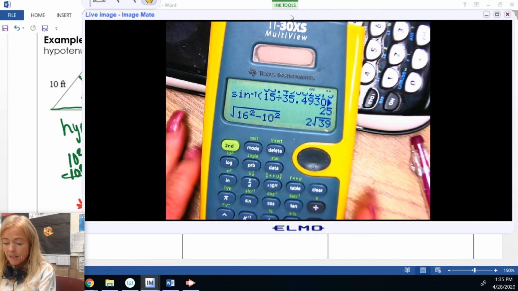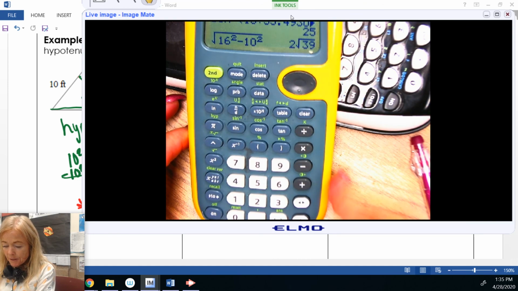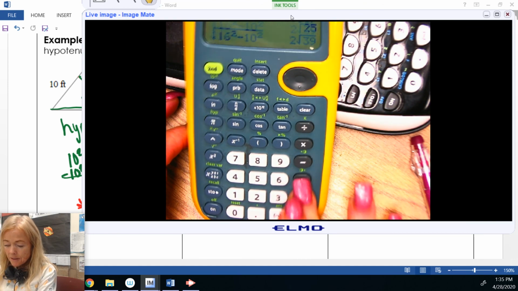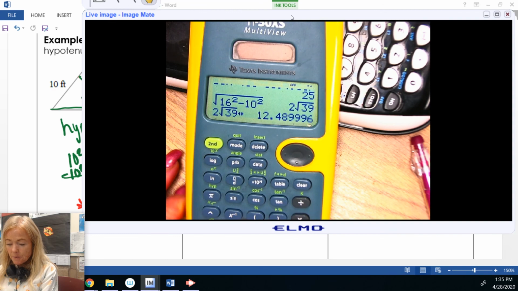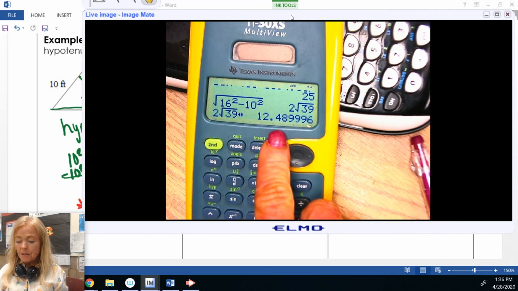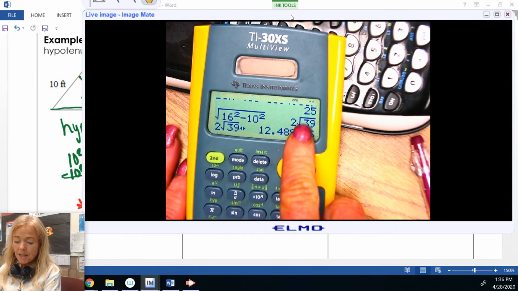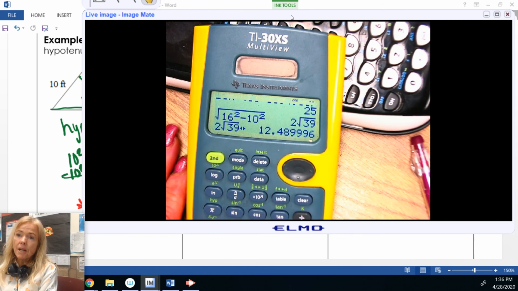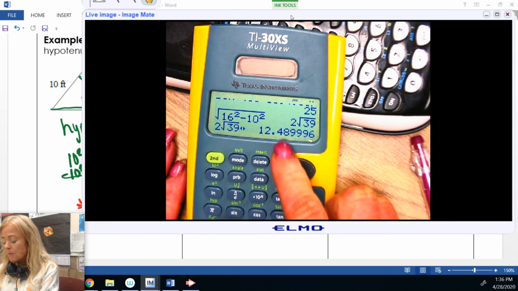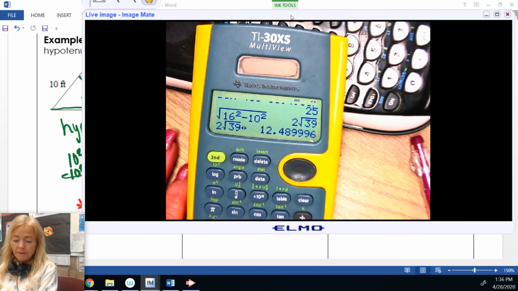exact answer. If I go down here and hit this little toggle button, it will tell me the approximation. So 2 radical 39 is exactly what it is, but we know radical 39 is an irrational number. We don't have the whole number because it never ends, but we do know it's approximately 12.5.